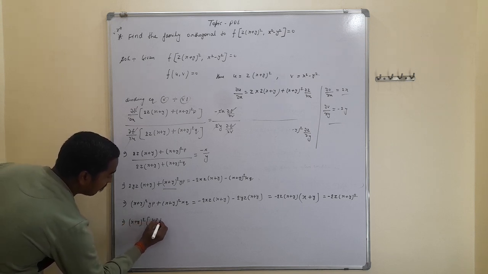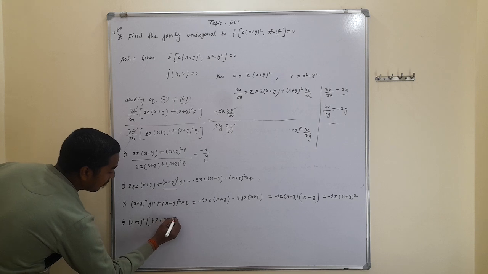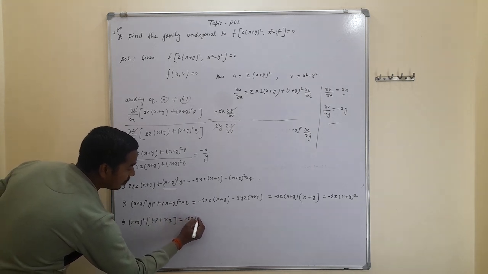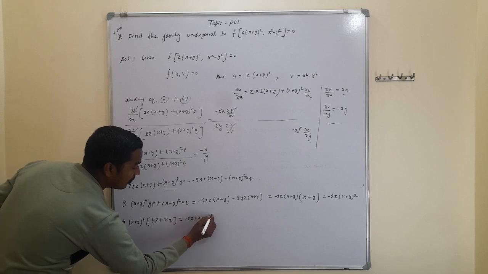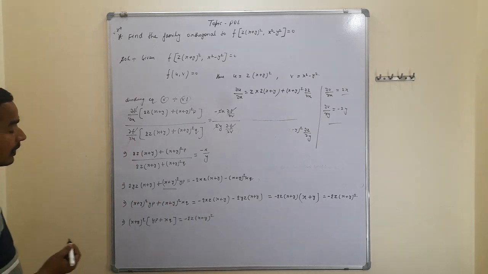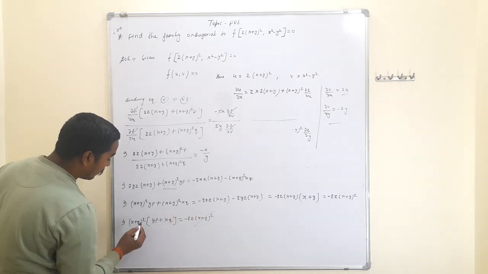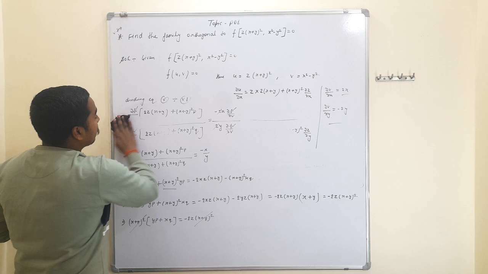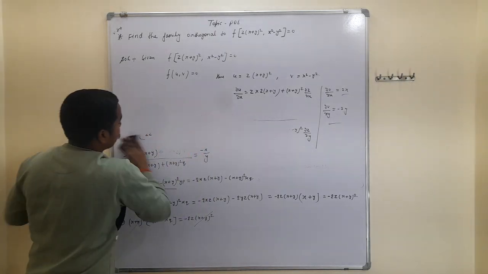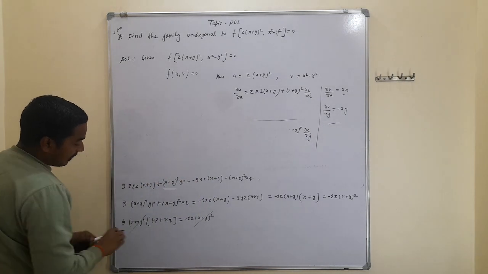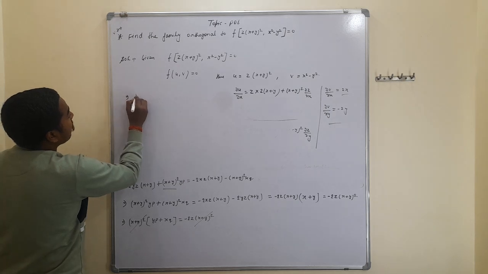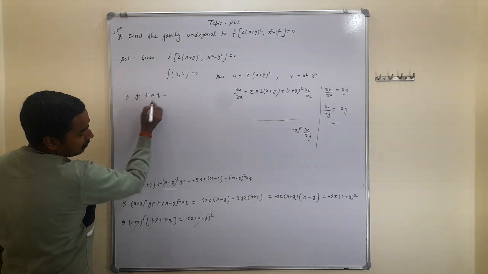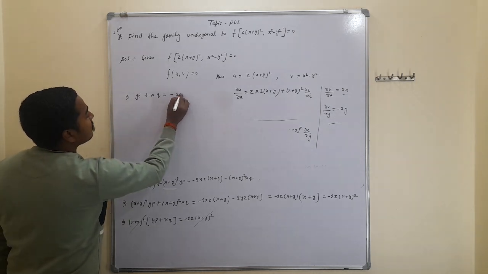yp plus x cube is equal to minus 2z into (x plus y) whole square, and from here we cancel out the terms (x plus y) whole square, and the remaining is yp plus x cube is equal to minus 2z.